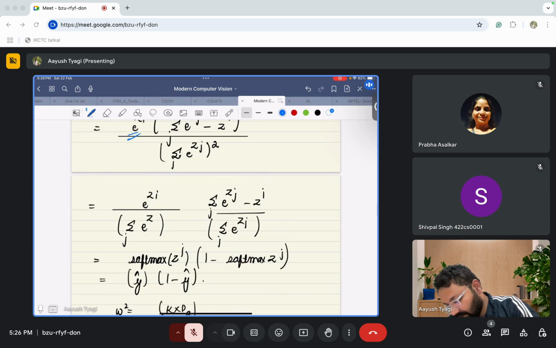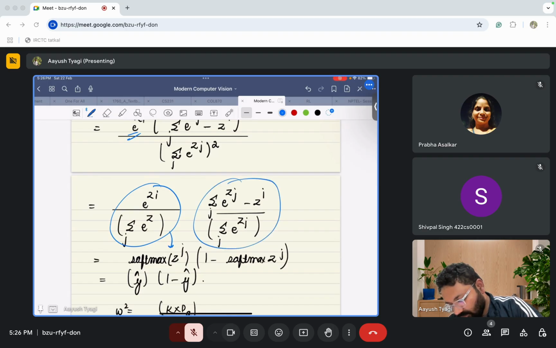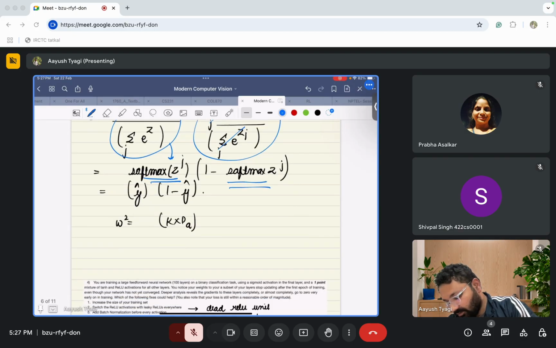What I have done here is factor the numerator and denominator into two parts. The first part is basically the softmax operator directly, and the second part is basically 1 minus the softmax operator. So the derivative becomes y hat into 1 minus y hat. Does it make sense?